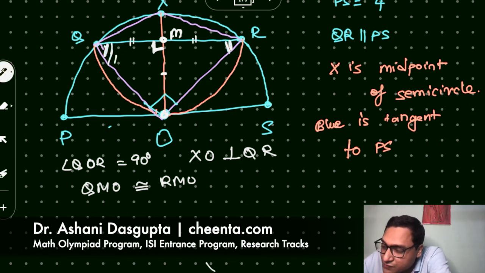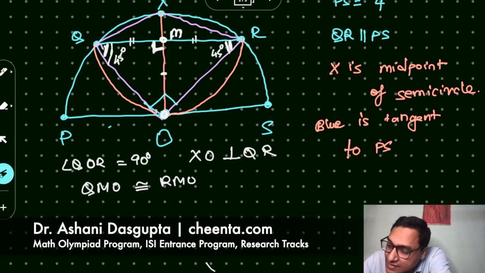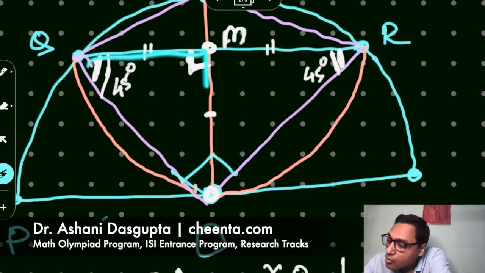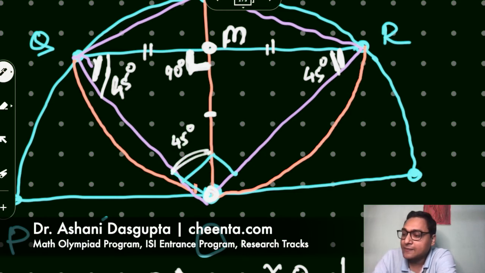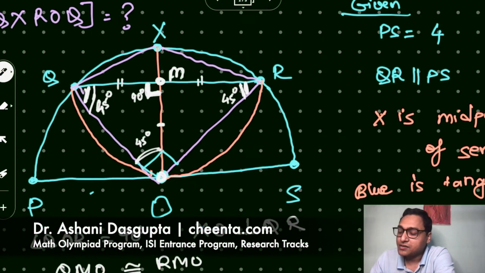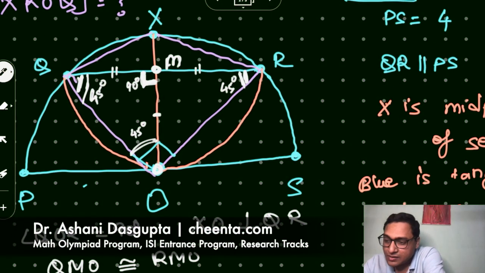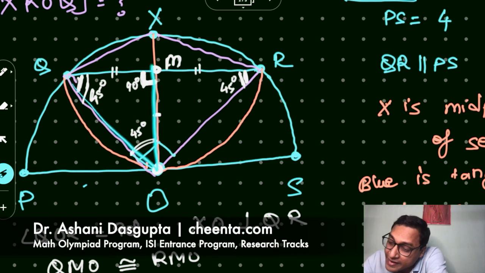Now we know that this is 45 degrees, this is 45 degrees, which means in this triangle QMO, this is 90, this is 45, so this angle right here has to be 45 degrees. Now we are in the last step. Use the sine rule of area in this triangle.